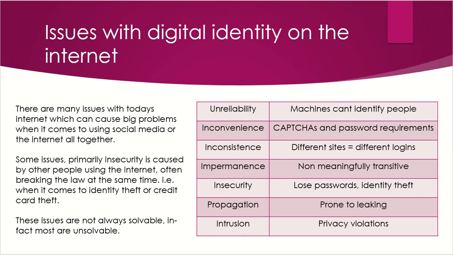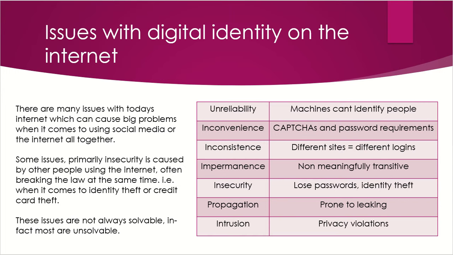The second issue is the inconvenience associated with registration and logins in particular, as people have to create strong, appropriate passwords that often require special characters, numbers, and capital letters, etc. Users also have to create multiple accounts to register, and nowadays sites require CAPTCHAs to register.